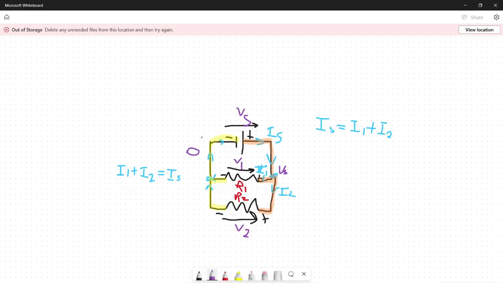So this entire branch is equal to 0. So that means that the potential at these two points are the same, and the potential at the end two points are the same. So that means V1 will have the same potential as V2, and that will actually have the same potential as Vs.